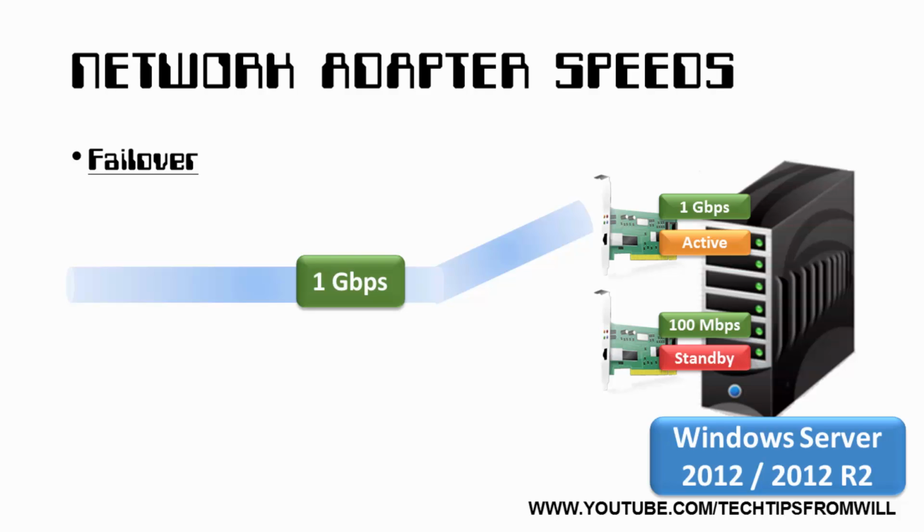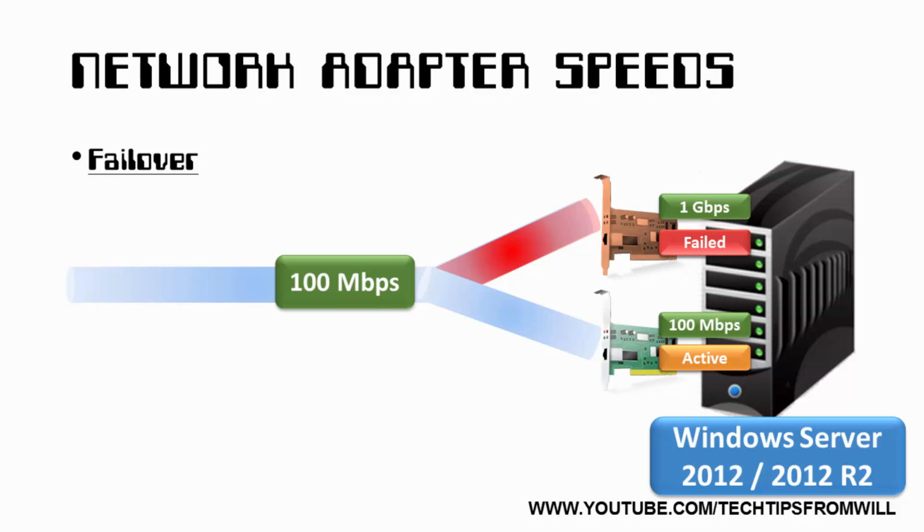With this setup, only one adapter can be active at any one time. If the active adapter fails, the standby adapter will kick in and will maintain the connection, albeit at a lower speed. Since you do not have 2 active adapters running side by side at different speeds at the same time, this configuration is still supported.